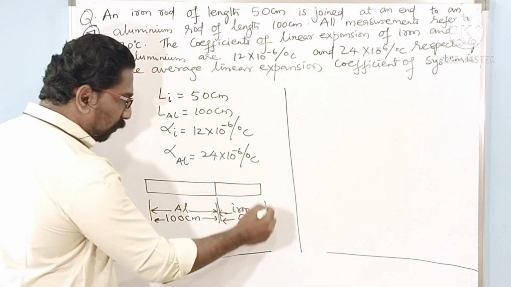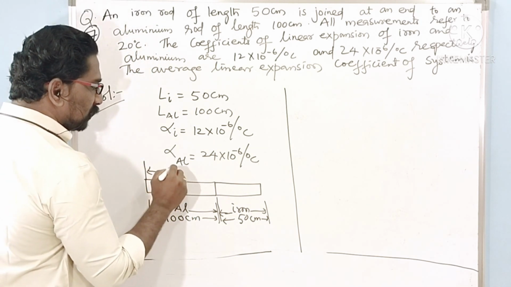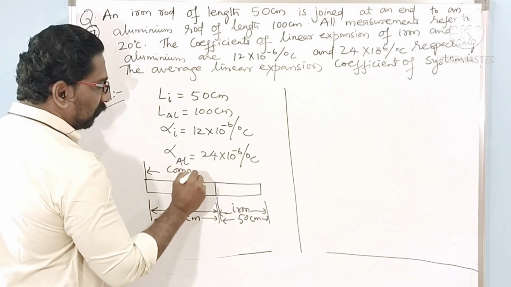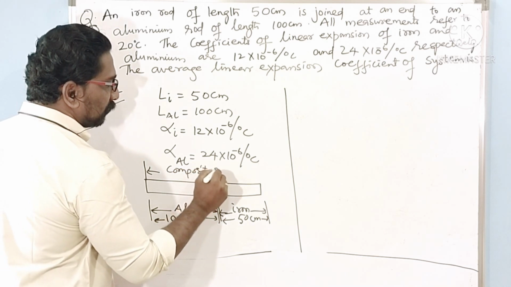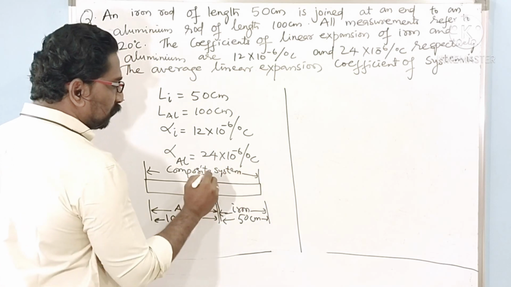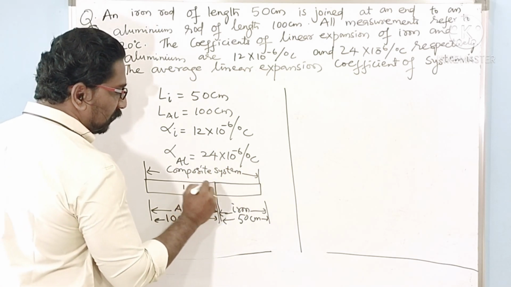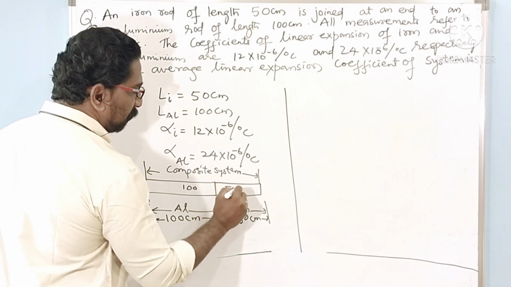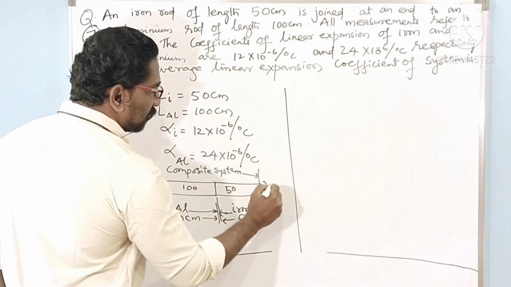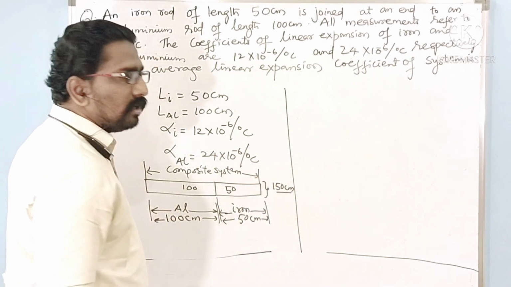So now the combination of these two rods becomes what we call a composite rod or composite system. There is 100 and 50 combined, so the entire length becomes 150 centimeter for the composite rod.